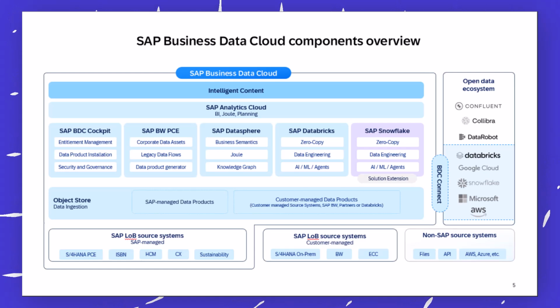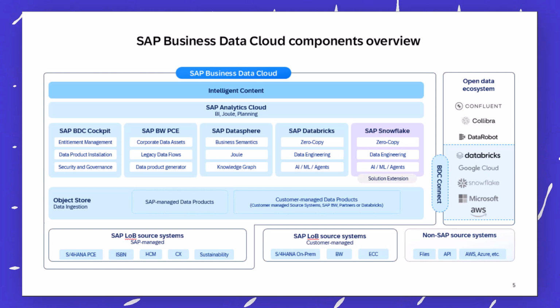And the next one is SAP Databricks. As I mentioned, if a customer is using AI and ML scenarios and wants to access the SAP data, they can go with SAP Databricks. Here, with the Delta Share zero copy protocol, the customer can virtually access the SAP data in their AI and ML workbooks or workloads and process it further.